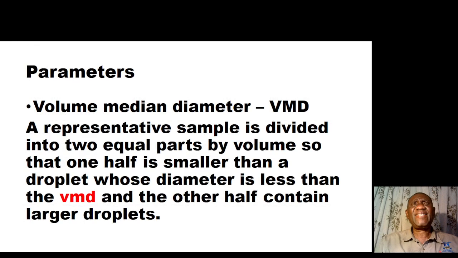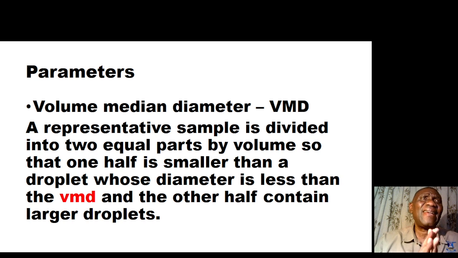So let us look at some of the parameters which are evaluated on droplets, because we should understand the issue concerning droplets, because it can affect the efficacy of the pesticides. So one of the most important parameters is the volume median diameter, the VMD.